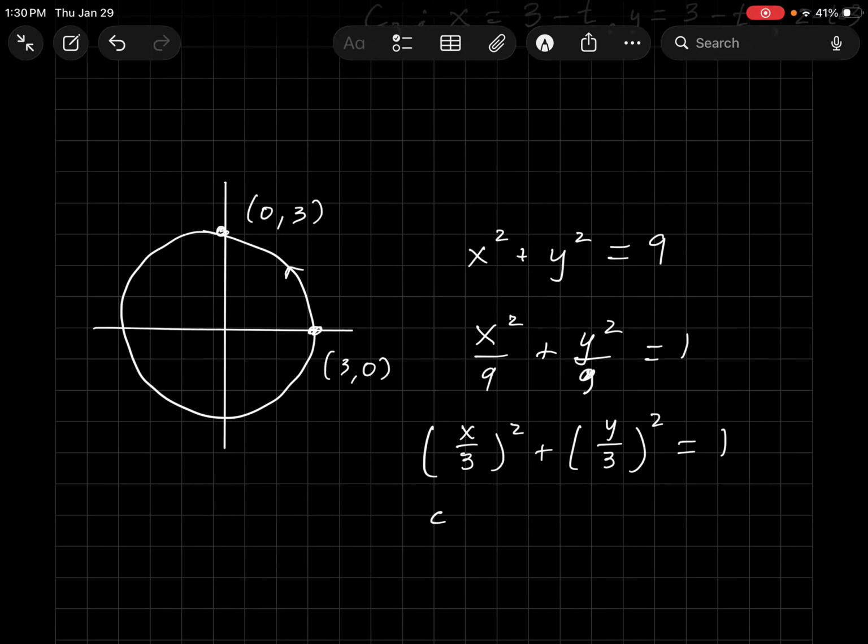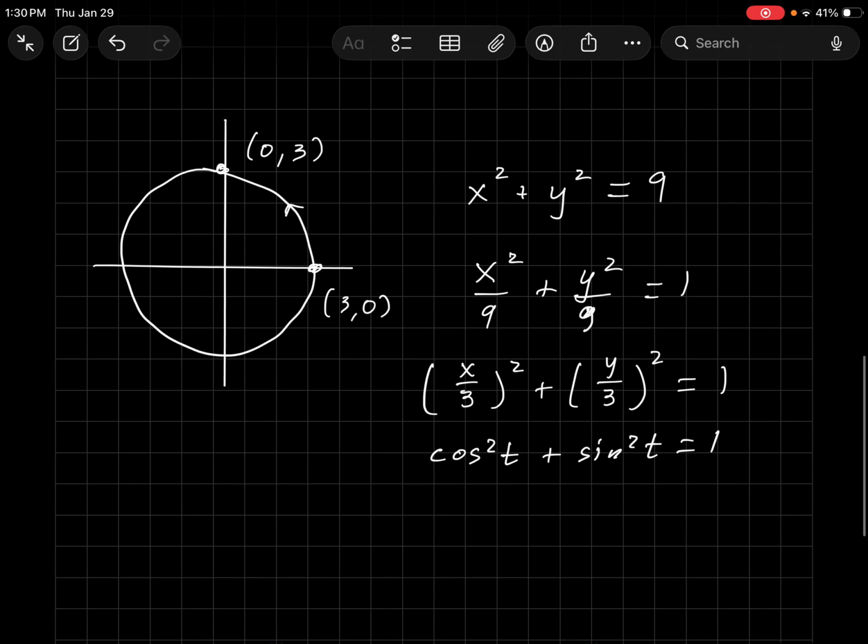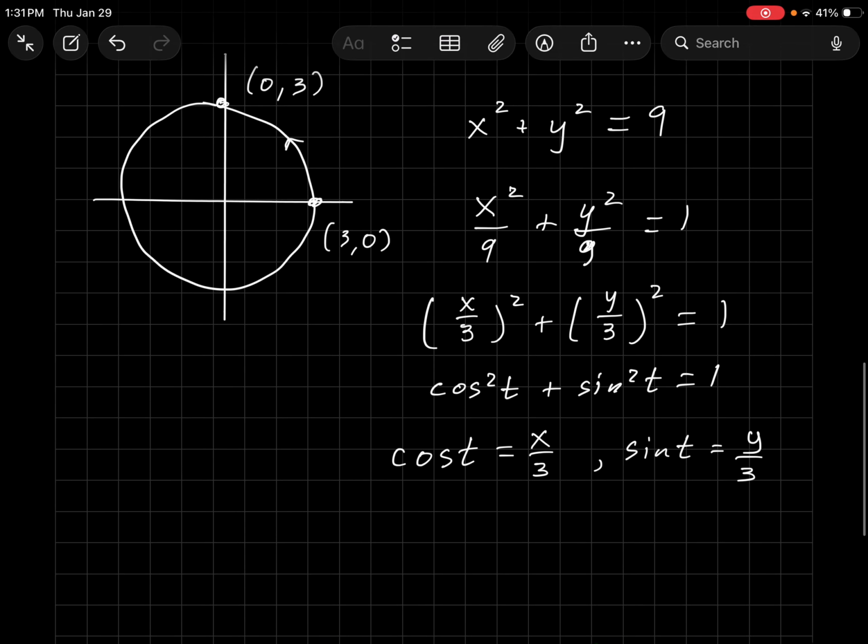And I know that cosine squared plus sine squared always equals 1. That tells me I could let cosine of t be x over 3 and sine of t be y over 3. Which means the parameterization could be x equals 3 cosine t and y equals 3 sine t. Side note, a similar thing also works for ellipses.